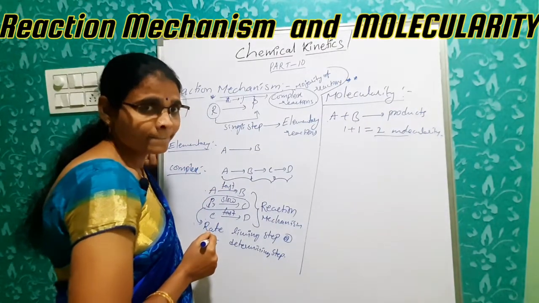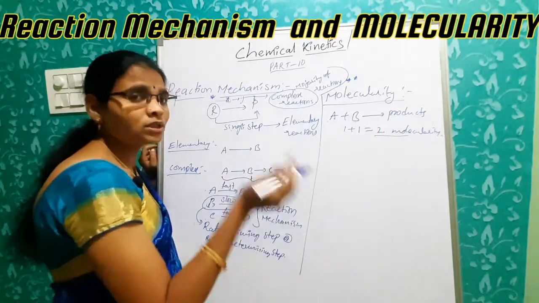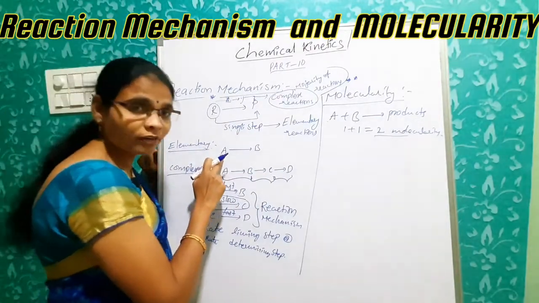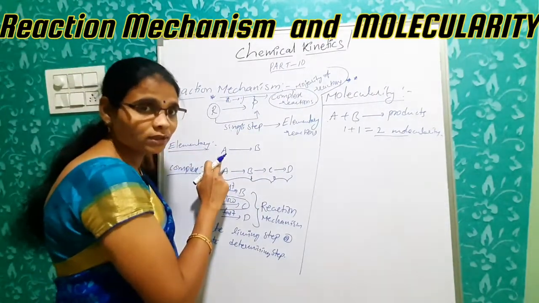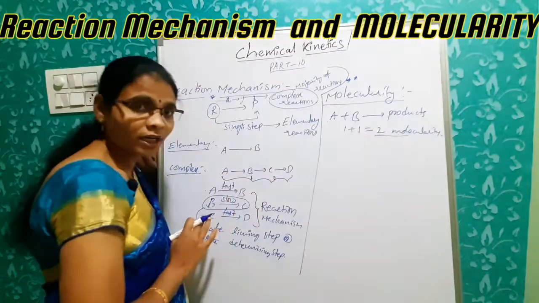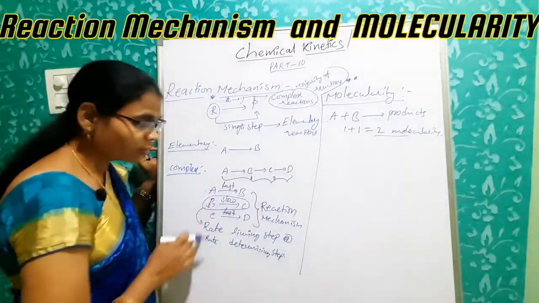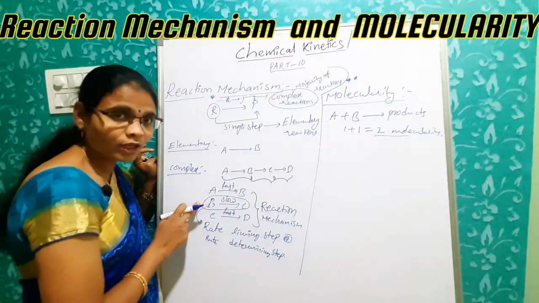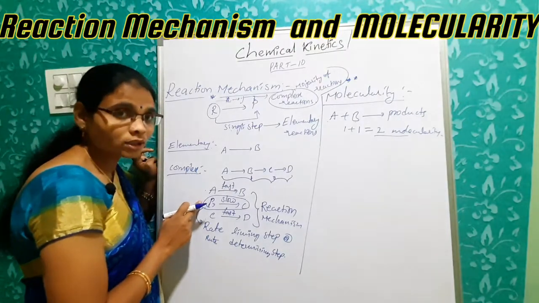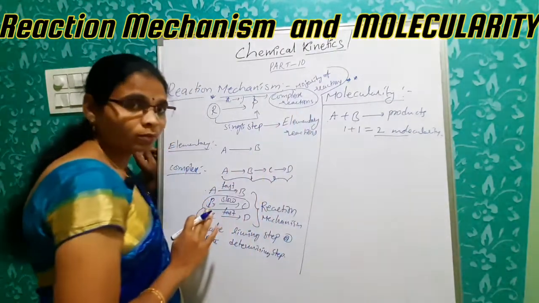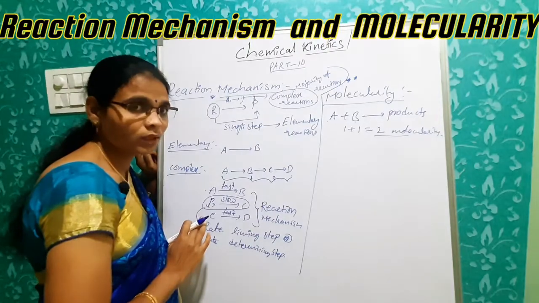Don't get confused. For an elementary reaction, the number of reacting molecules is the molecularity of that reaction. For a complex reaction, the number of reacting molecules in the slow step is the molecularity of that reaction.